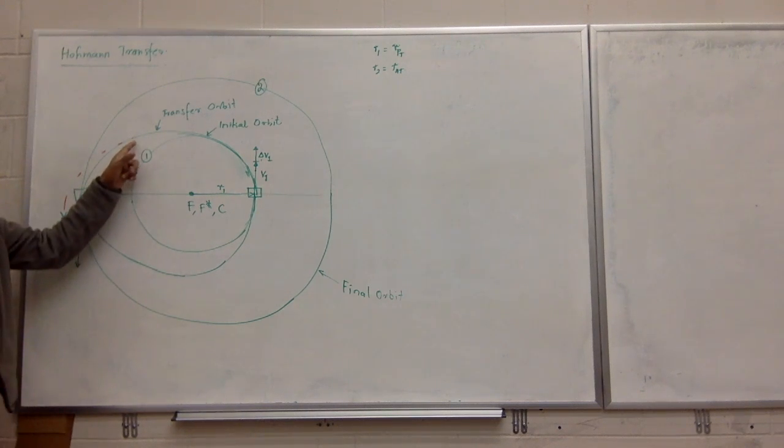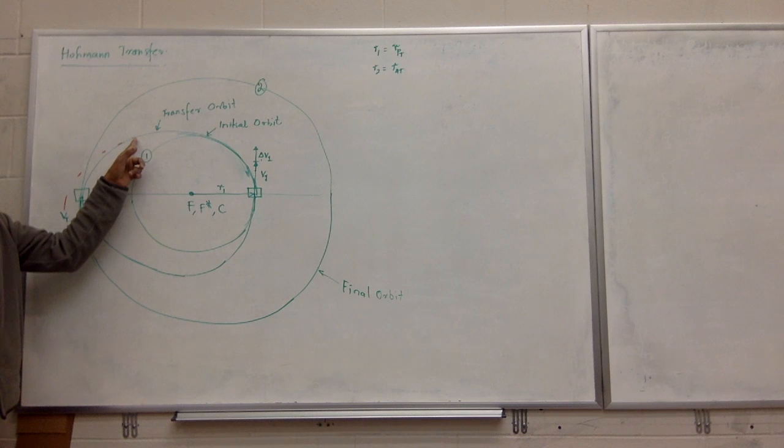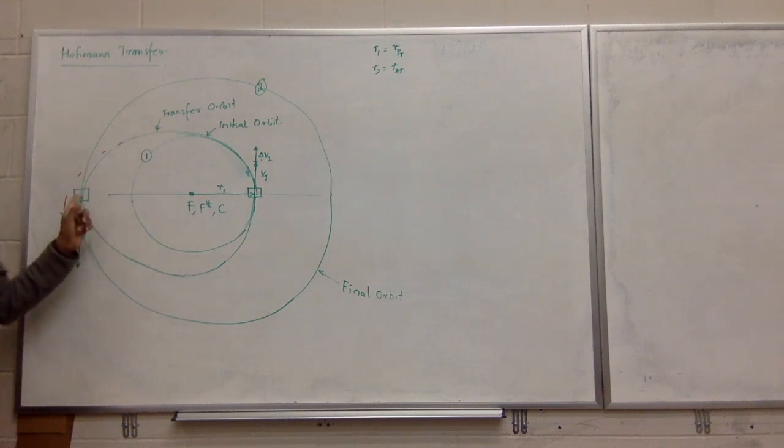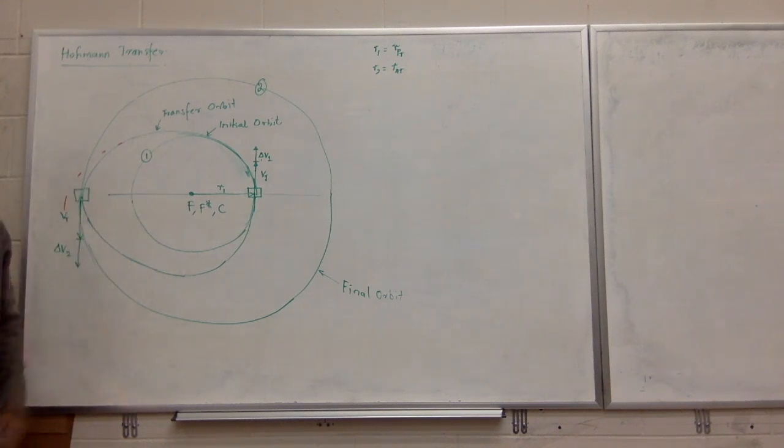If you expend the same amount of fuel and fire it here, you're going to get into a smaller orbit for that same amount of fuel. You understand? It's like you're already going here, the farthest. Why not fire it there and get the most benefit?